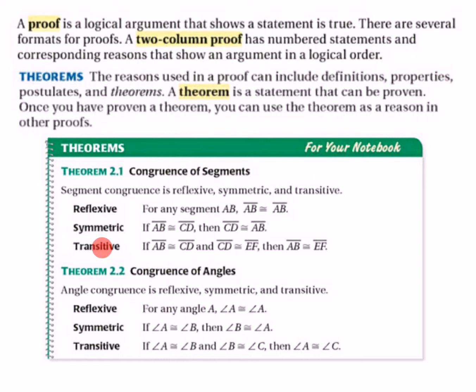Transitive is just like the law of syllogism. We talked about that towards the beginning of chapter 2, the law of syllogism. If you remember that, we talked about if P then Q, if Q then R. And we heard the letter Q twice. So on our third line, we said if P then R. So if you look at the transitive property, notice the part that I see twice was segment CD.